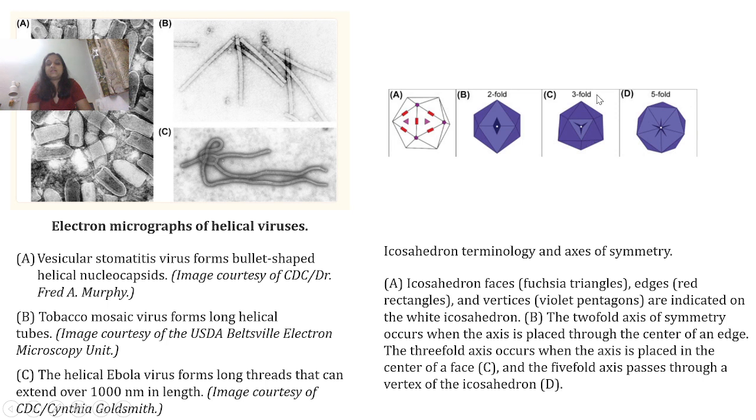Threefold means the axis is placed in the center of a face. Here you can see threefold like a triangle. Fivefold passes through the vertices of the icosahedron. It is like a pentamer kind of. So different kinds of axes of symmetry occur. Different kinds of terminologies are there like pentagons, rectangles, triangles, etc. And these different viruses are of different shapes.